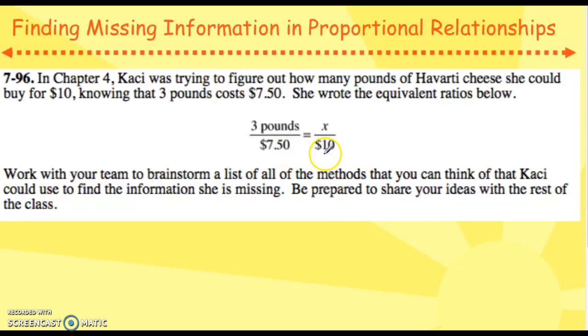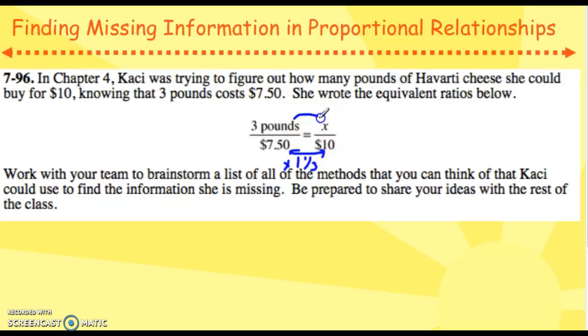One thing I would do is divide 10 by 7.50 to find out what my multiplier is between those numbers. So if you want to do that, work on your calculator quick. If you do the division, it's 1 1/3. So I'd have to multiply $7.50 times 1 1/3, and I get $10.